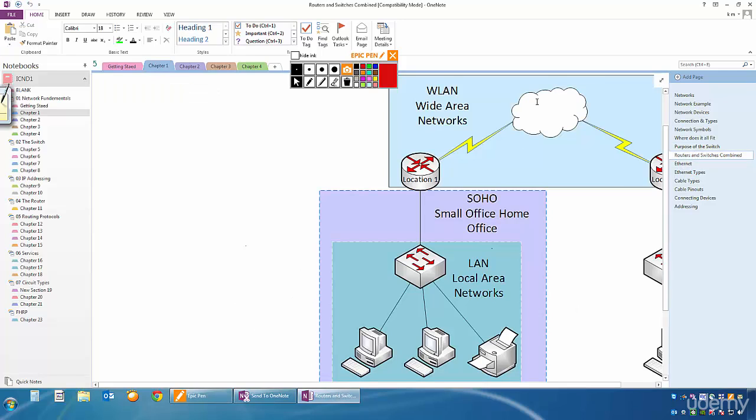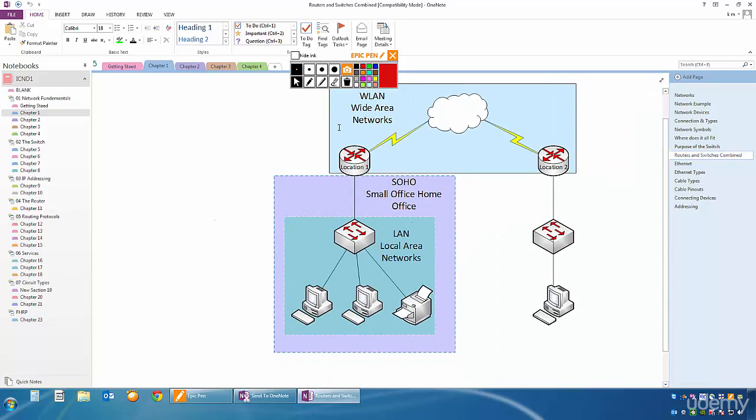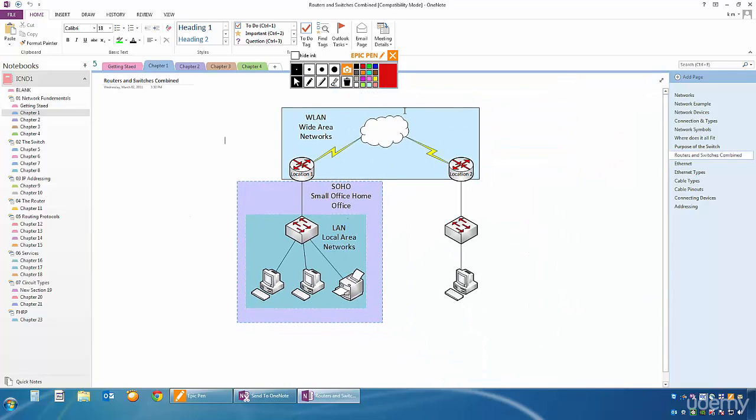So let's see how all this fits in even more. Notice how we have a drawing, a network diagram, starting from here. Here's PC 1. Now, think of your home.